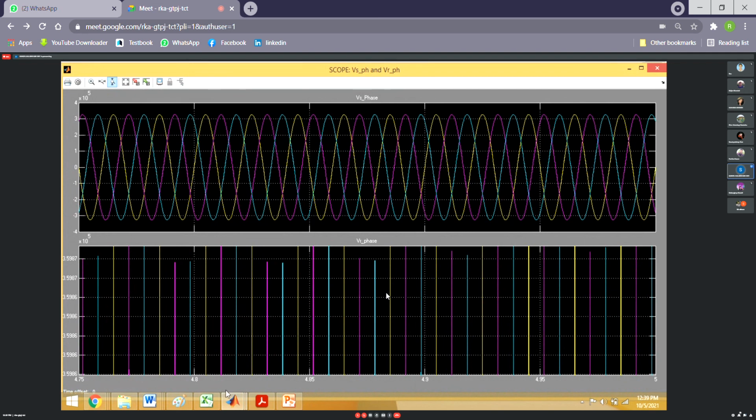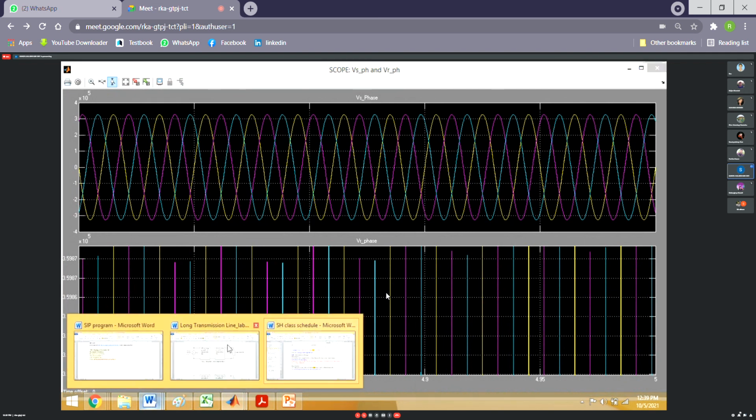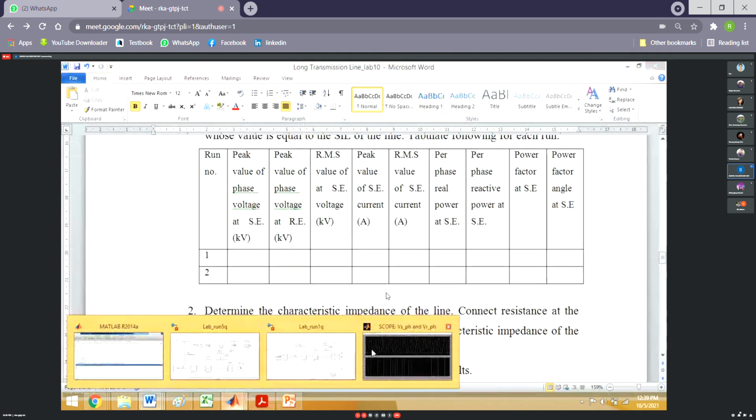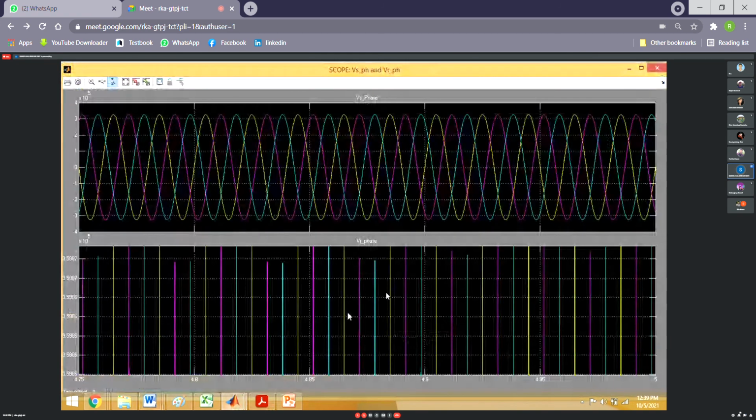This is the receiving end peak voltage for phase value, the second column, I think. I hope you have copied. Peak value of receiving end voltage is 3.5987 10 to the power 5 volt.